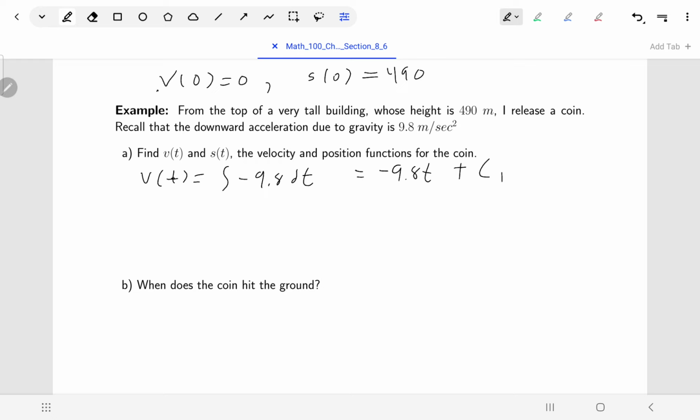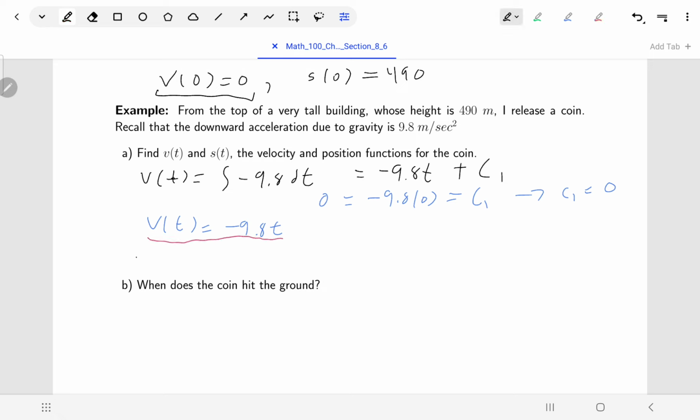Now, if I go ahead and use my initial value, if I put in 0 for velocity and 0 for time, I'll find that my constant c1 must be 0. So that means my actual velocity equation should be just negative 9.8t plus no constant at all. So that's part of our work finished for us. I'll just underline that so I remember to come back to it.